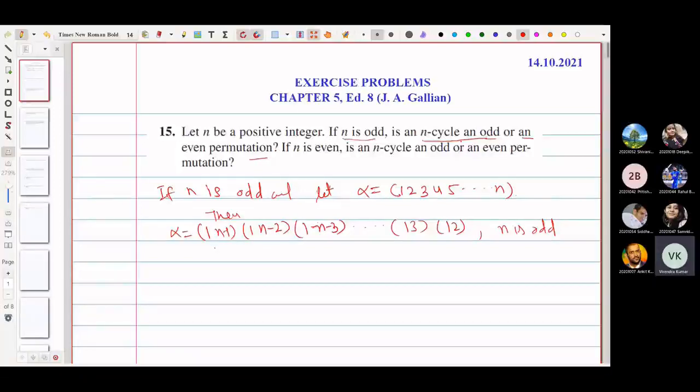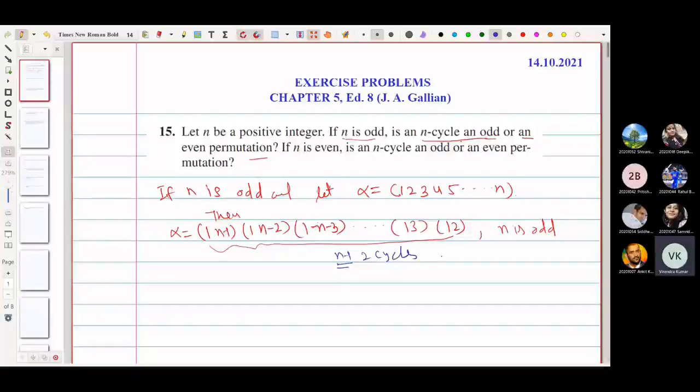So how many 2-cycles are there here? Could you tell me? There are exactly n minus 1 2-cycles. Since n is odd, n minus 1 will be even.